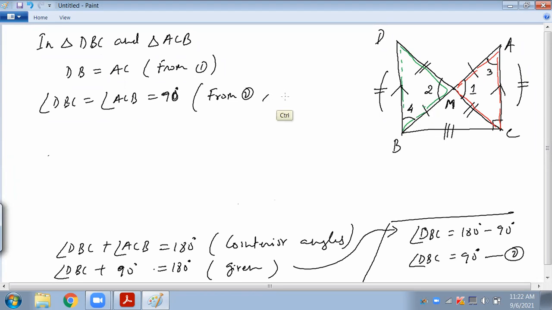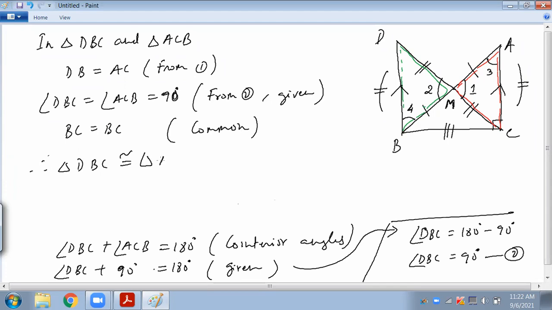Again, BC is equal to BC, that is common. Therefore, triangle DBC is congruent to triangle ACB by side-angle-side. So the triangles are congruent by SAS congruency.